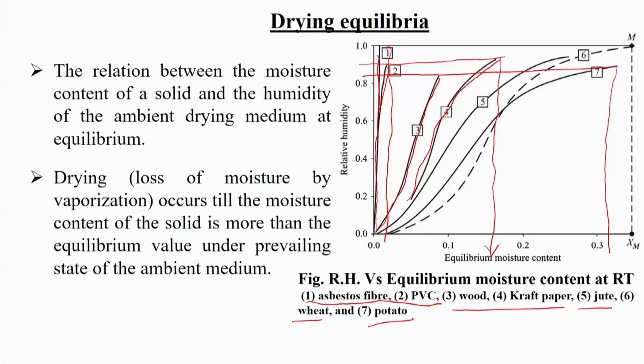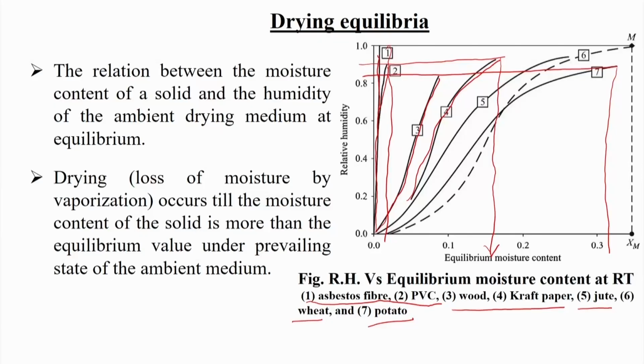We need this prior information, the relationship between the equilibrium moisture content and the relative humidity, to get the drying characteristics. We will be discussing that, say for time calculation or what type of drying actually is taking place. For that type of calculation, we need the relative humidity versus equilibrium moisture content relationship.